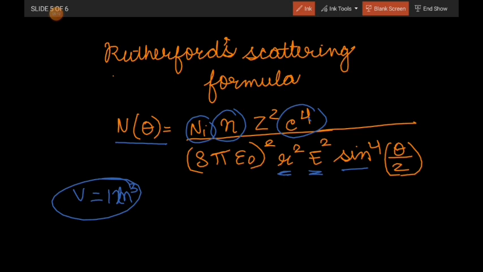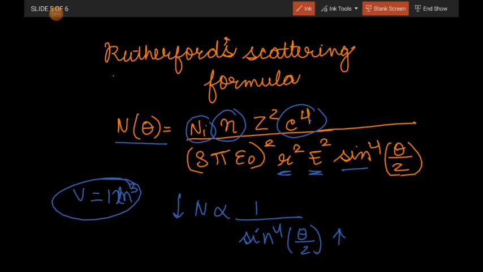You do not have to learn this formula, you have to learn one proportionality. N is inversely proportional to sine 4 theta by 2. Now you again know that N is the number of alpha particles. You should know that the greater the angle of scattering theta, the less is the number of alpha particles.